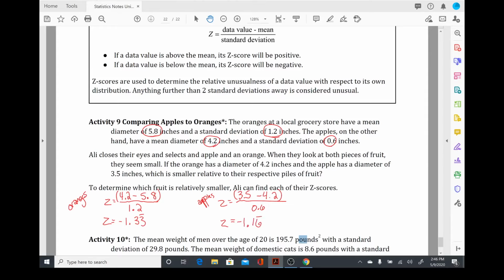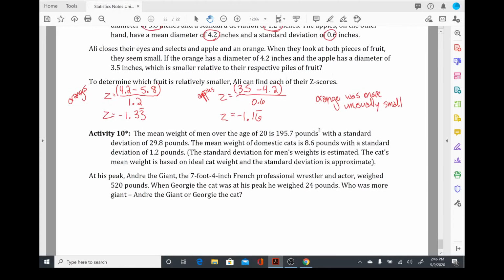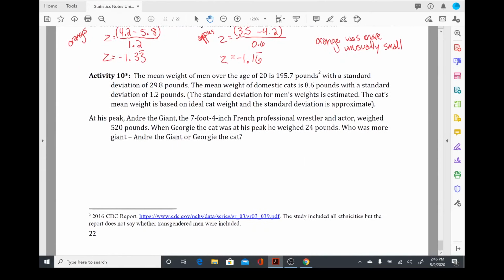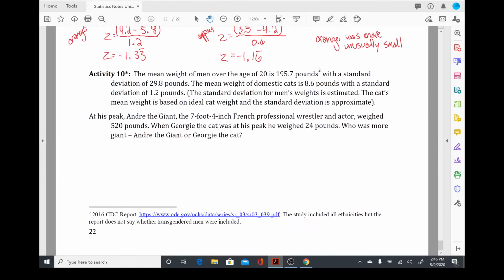So which one was more weird? Well, this z-score is further away from 0, so the orange was more weird. I'll say more unusually small. So you're going to try number 10, the mean weight of men, and find the z-score of that.